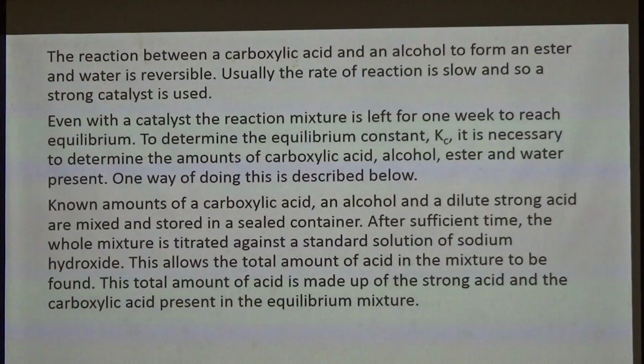There are some keywords that you should appreciate. What are some of the keywords here? First, see that the reaction is reversible. If the reaction is reversible, you will involve your equilibrium constant, so Kc must be involved at some point in time.